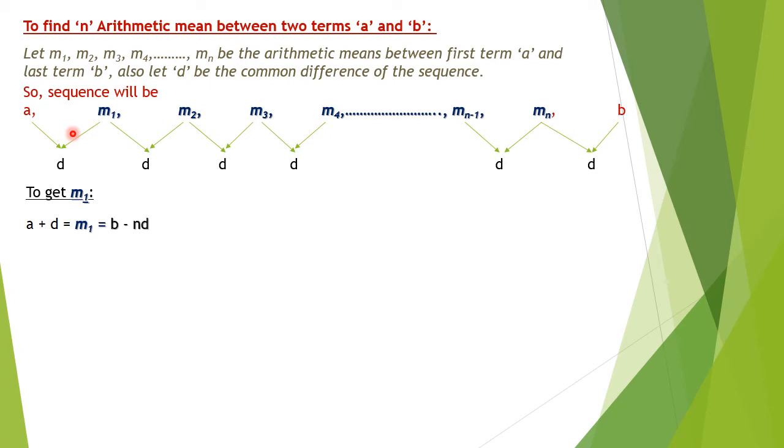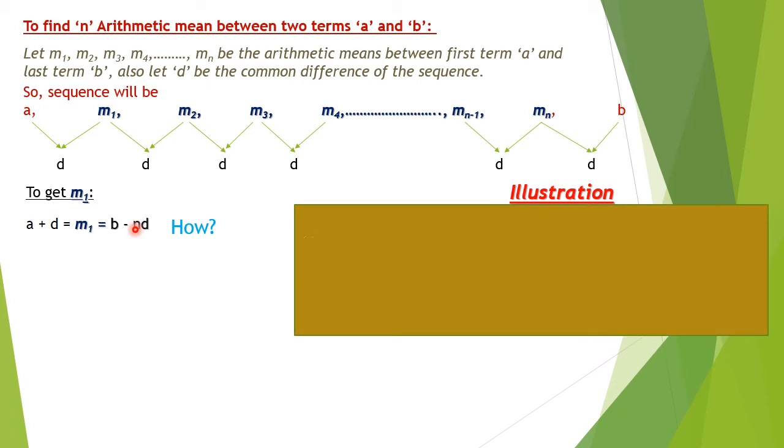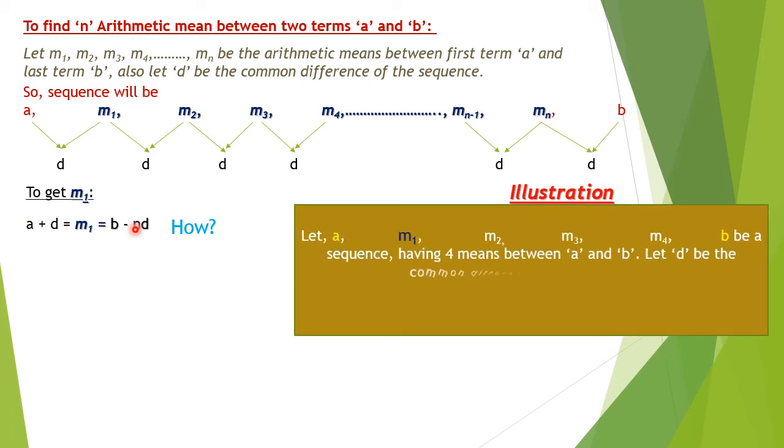But we can get m1 from the last term also, and that is b minus nd. Now why nd? If you have confusion, then there is an illustration. In the illustration, there are selected means, only 4 means between a and b.